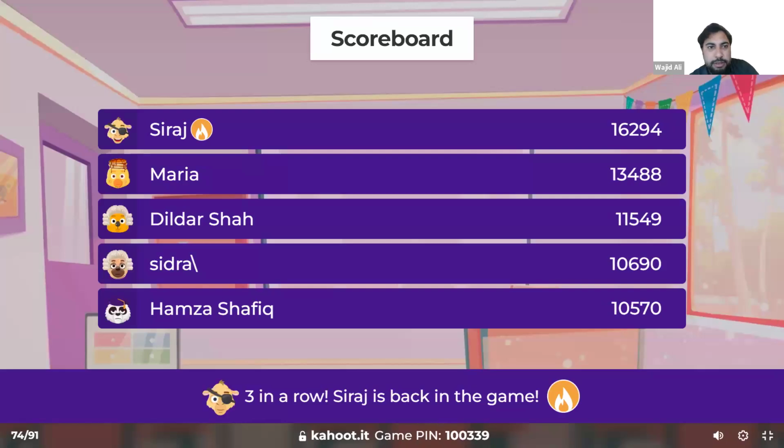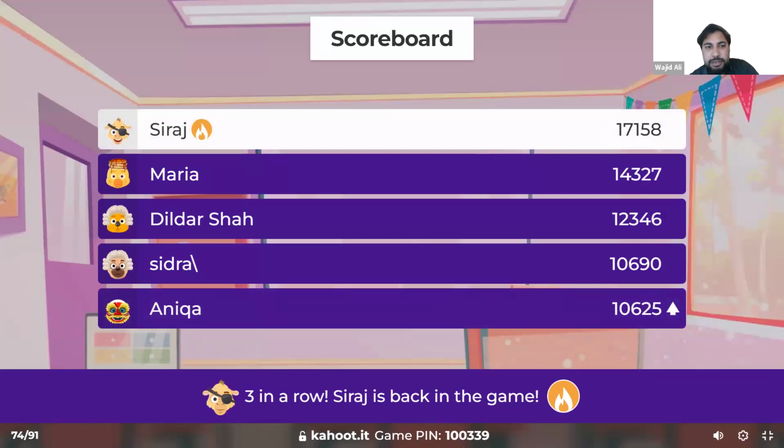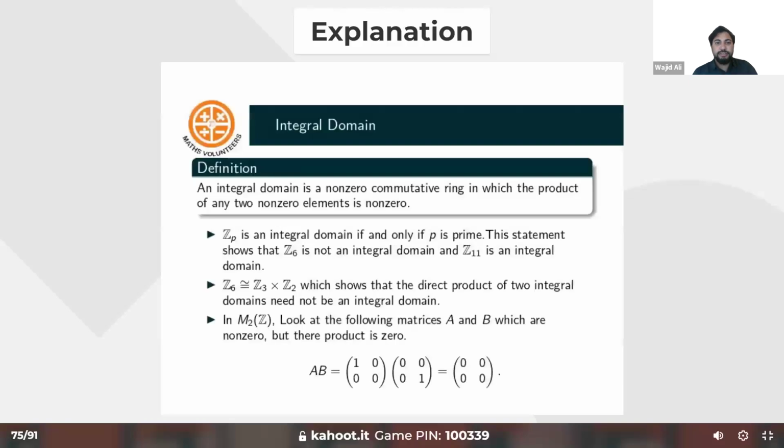Let's go to the podium, then let's go to the chart. So integral domains are basically rings where you cannot find two non-zero elements and multiply them and get a zero.